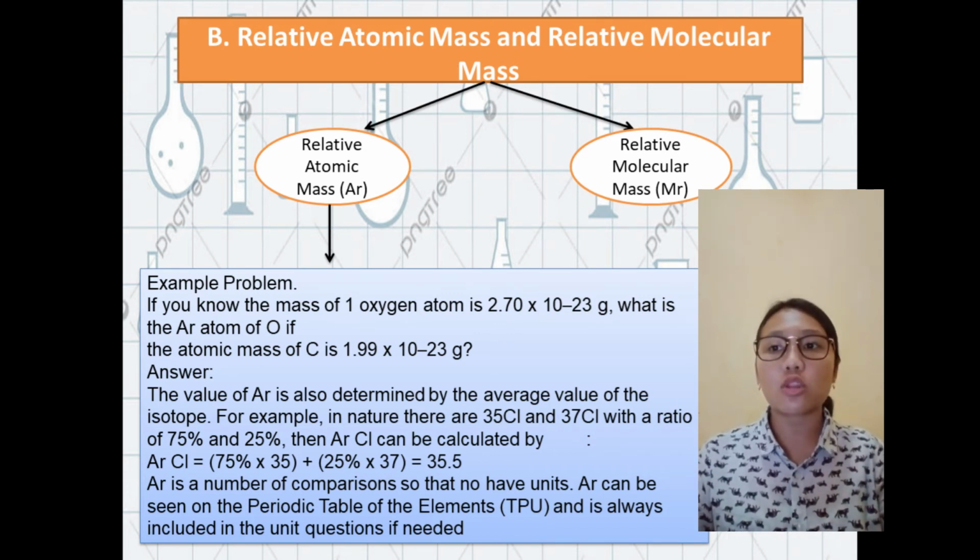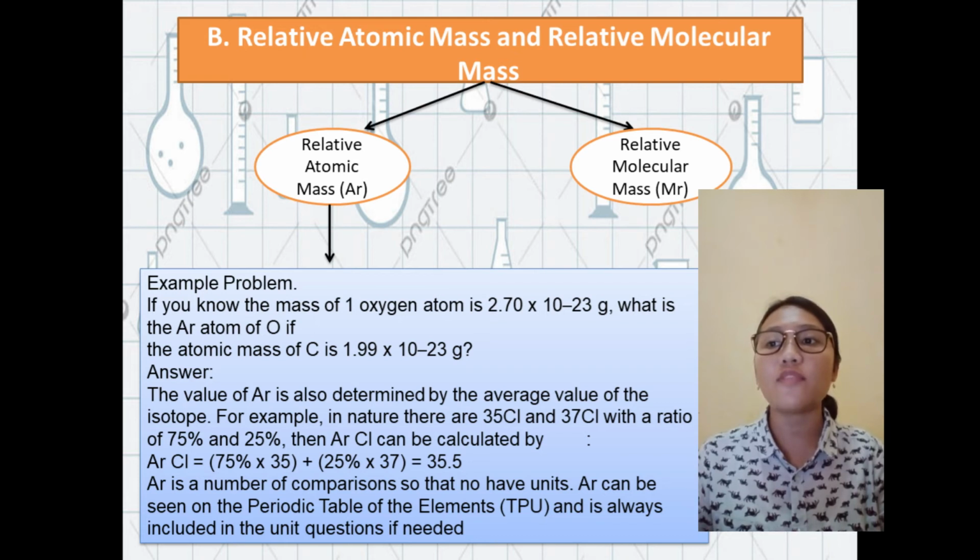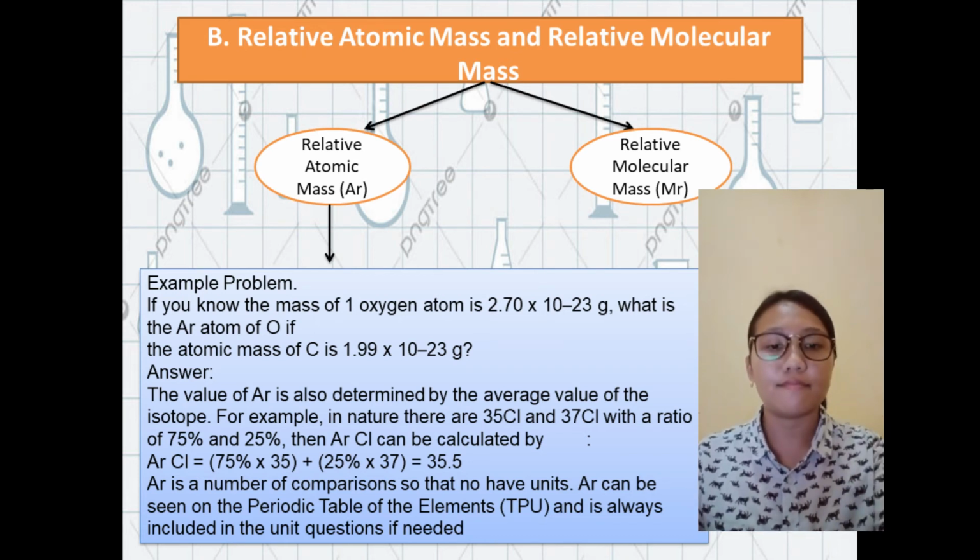The atomic isotope C12 has an atomic mass of 12 AMU. 1 AMU is equal to 1.6605655 × 10^-24 g. By using the 12C isotope as a standard, the atomic mass of other elements can be determined.